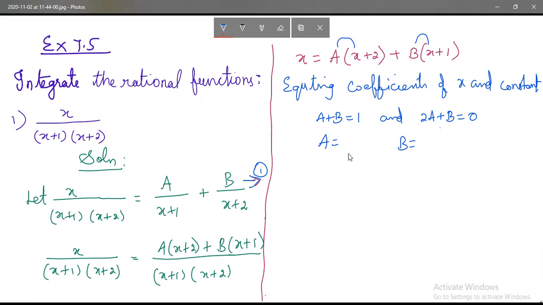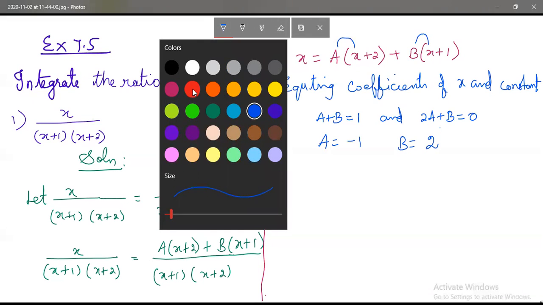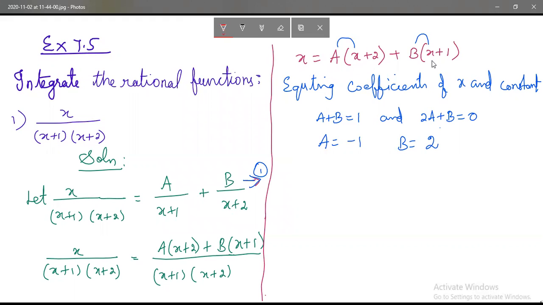So what did you get for A? You get A is equal to minus 1 and B is equal to 2. The same thing you can do by another method also. If you substitute x as minus 1, minus 1 plus 1 is 0, so the B term completely goes, and you can find A from that.